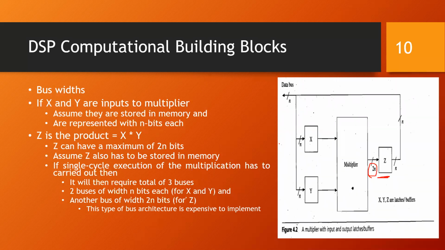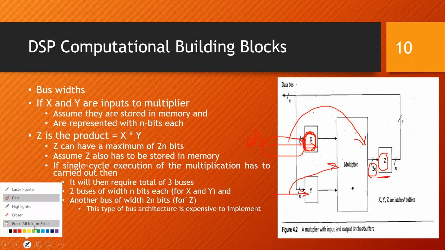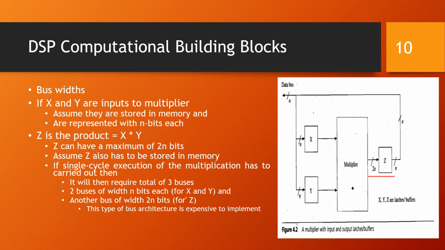One bus is used to fetch X and another bus to fetch Y. Once I fetch one of the operands, the bus becomes idle. This bus itself can be used to store the n bits of the result, and the remaining n bits can be stored using the other bus. This is another way of doing it, so I can deal with it if I want all the 2n bits to be present.